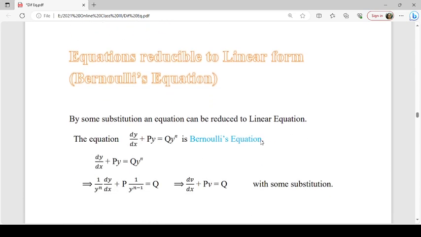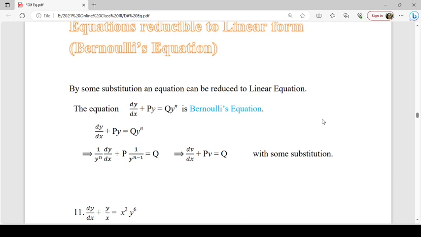Then equations reducible to linear form. So it is Bernoulli's equation. We say this form is Bernoulli's equation. So dy dx plus py is equal to q, we got it. But now the right hand side is y to the power n.